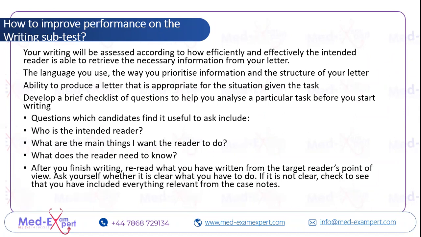What does the reader need to know? This is the most important thing. It depends, again, on whom you are writing to. For example, you are writing to an endocrinologist.